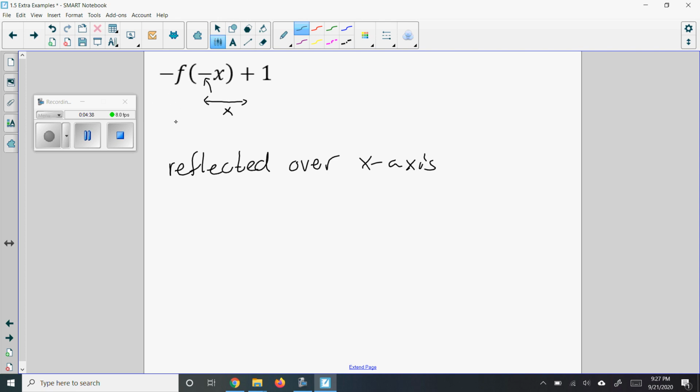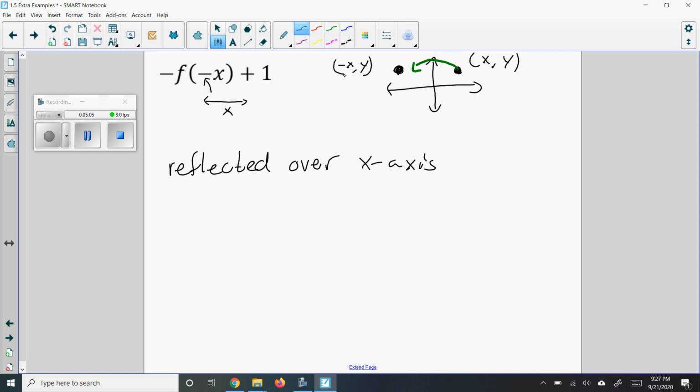This second negative, that affects the x values. So again, if I have some point and I want to change the x's, I'm going to move it over here. So if I reflect this point over here, this is the point (-x, y).